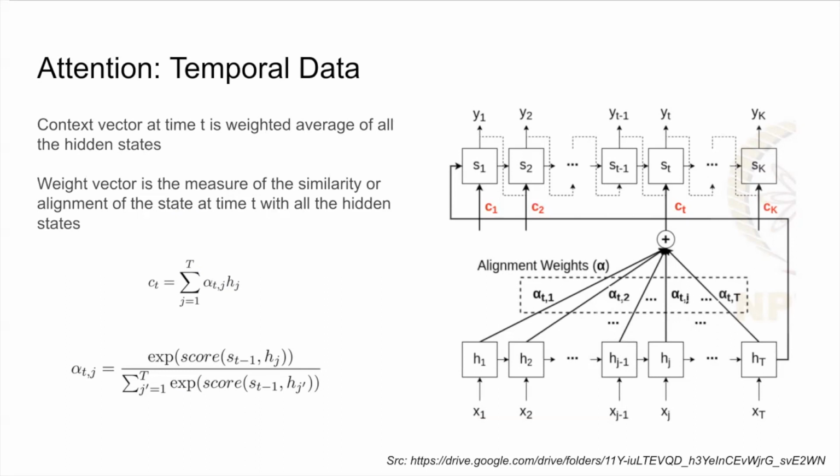So the vector of weights, alpha_t, as it is written, is a measure of similarity or alignment of the state at time t with all the hidden states. So each hidden state is connected to each one of them in the outside layers.